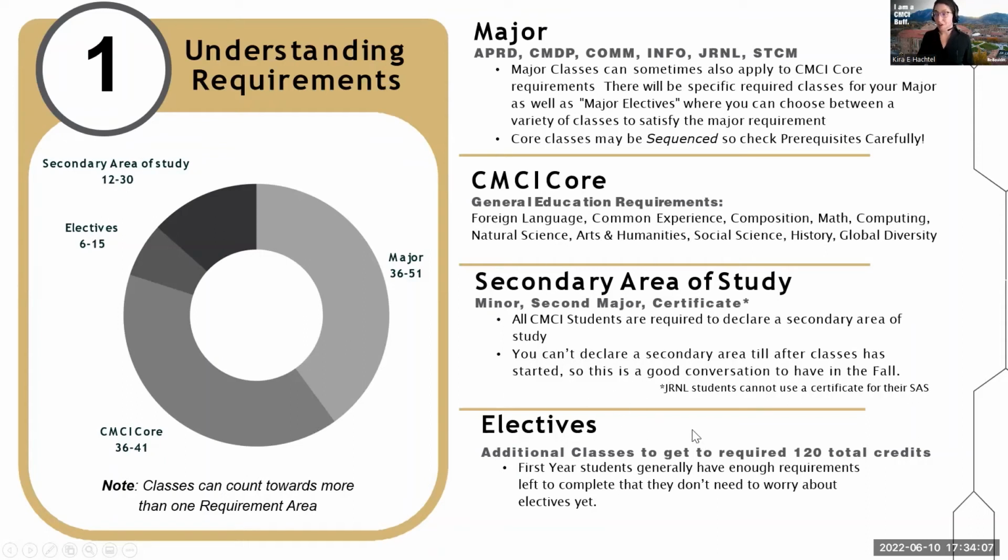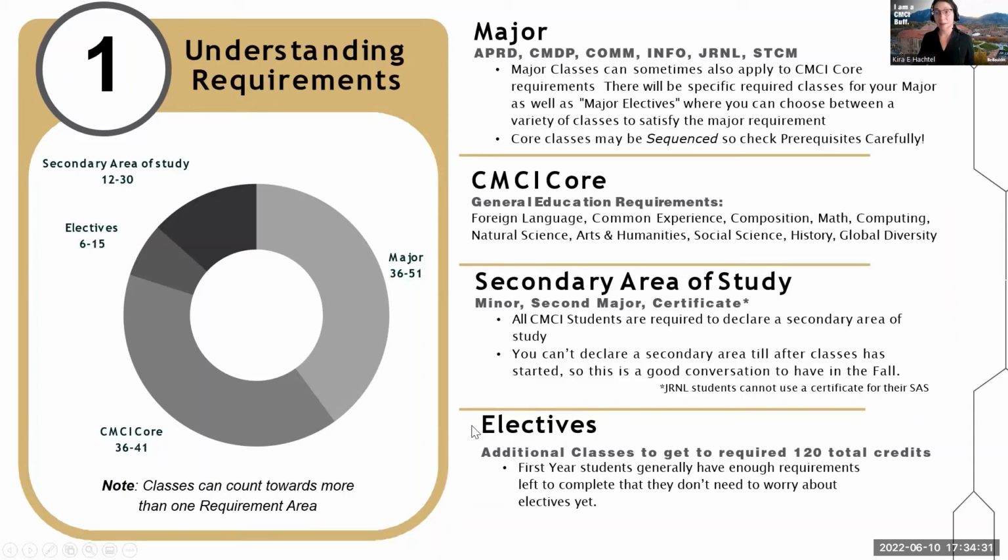The last component of your degree are elective credits. Students must complete 120 credits to graduate, and sometimes all of your classes for your major, your CMCI core, and your secondary area of study don't add up to 120 credits. And so students often have to take extra classes in order to close the gap and get to 120 in order to be able to graduate.